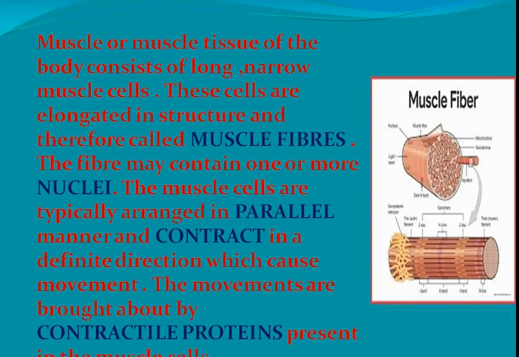The muscle cells are arranged in a typical way. They are arranged in a parallel manner. You can see over here that they are arranged in a parallel manner. And they contract in definite directions, which causes the movement.